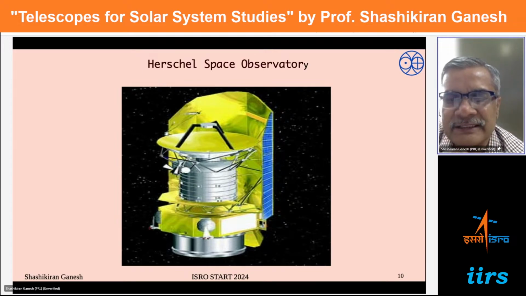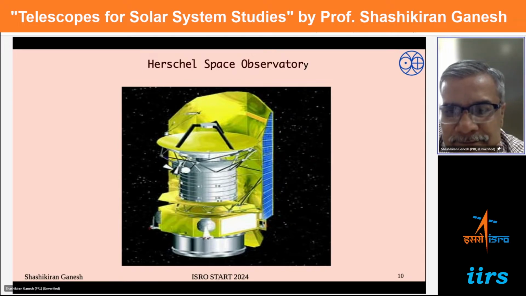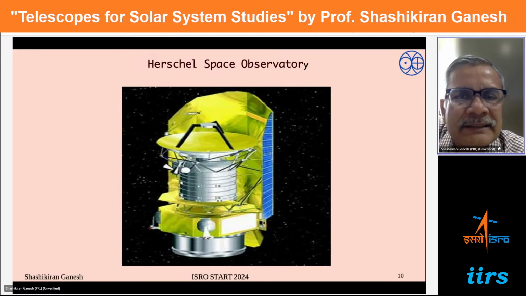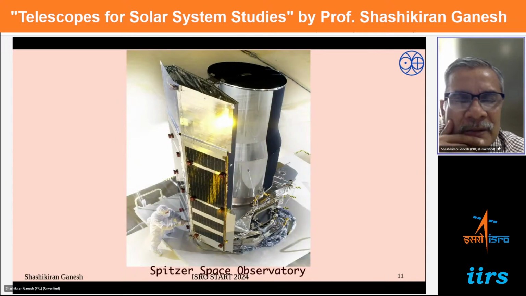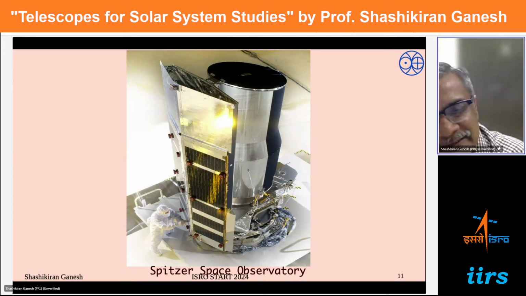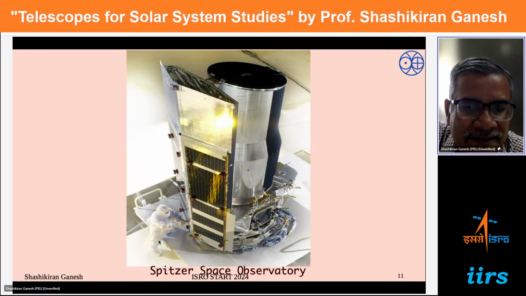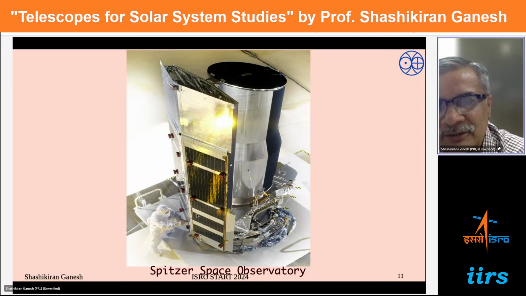Other missions of this kind which have been very useful are the WISE and NEOWISE missions. And I hope that those of you who are interested will go and look at those missions also separately. Coming down in wavelength to closer to optical, this one is the Spitzer Space Observatory. You can get a glimpse of the size by looking at this technician working on the solar panel of this observatory prior to launch.